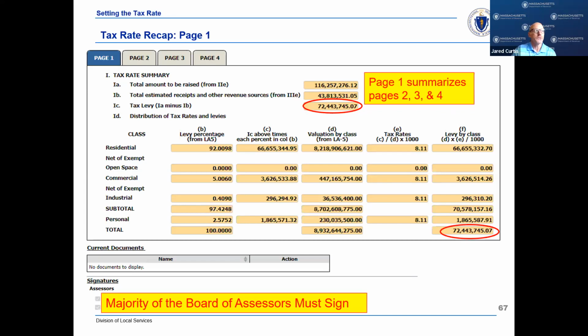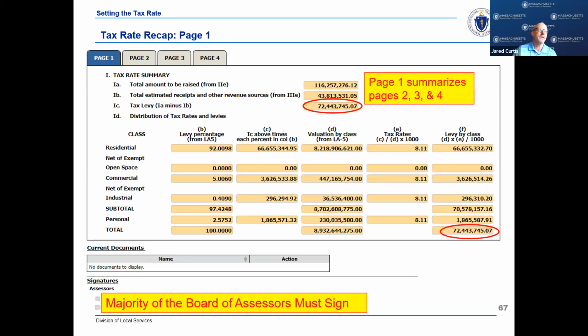The reason they have to do that is because when we look at page 1 of the recap, in part 1, under the tax rate summary, 1A, 1B, and 1C, those figures are all flowing through the 4 pages of the tax rate. So from page 4 to page 3 to page 2, and they end up on page 1.